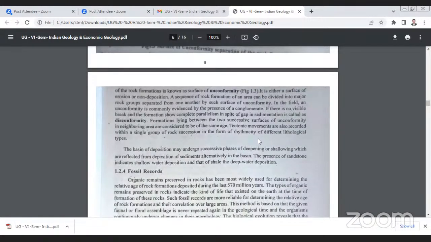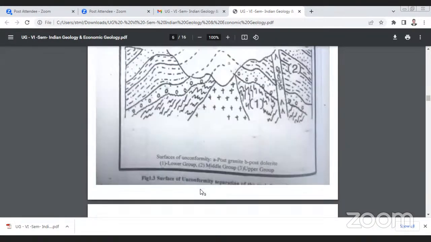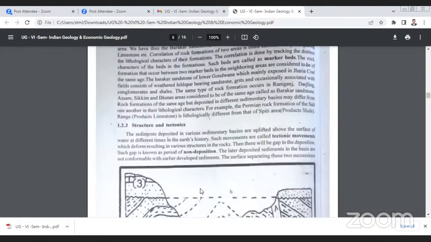Okay, now what is an unconformity? Here, the non-deposition area, whatever was found there, is separating the areas and dividing them into two, but we didn't get any formation or mineral deposition there.